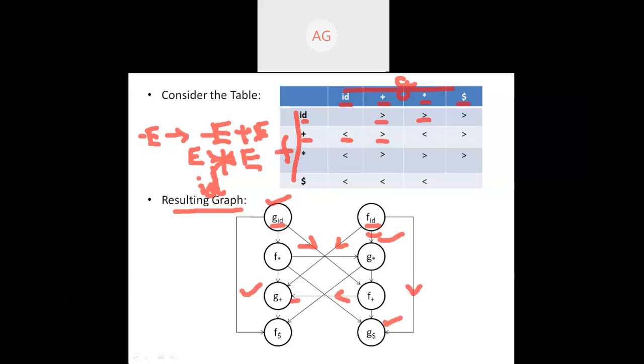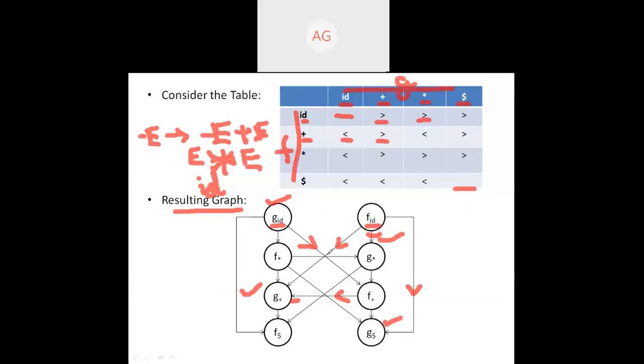Okay. So in this way, we need to construct all the edges of this graph. As you can see here, how many relations are there? This is a 4 cross 4 table, meaning 16 entries are possible here. But this entry is blank, this entry is blank, and this entry is blank. So it means we have 14 relations.